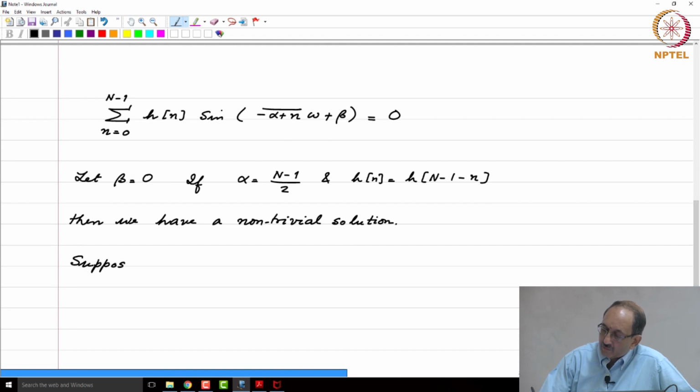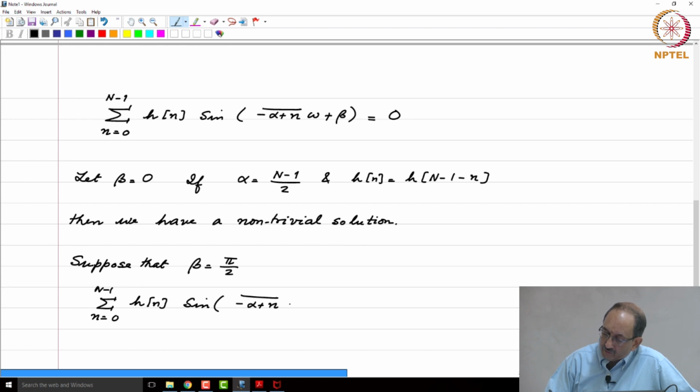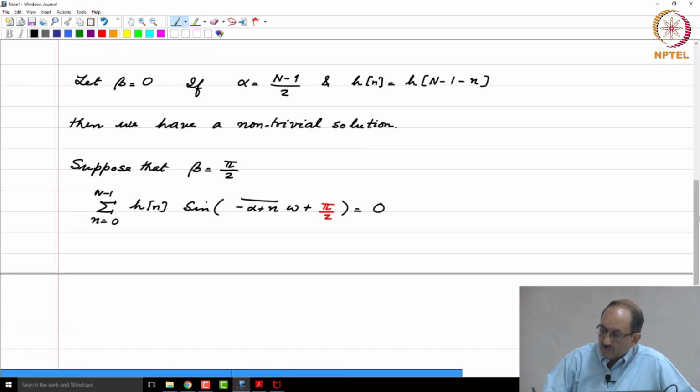Now, suppose that beta equal to pi by 2. Therefore, we are trying to look for a non-trivial solution to this equation, sum of h of n sin of minus alpha plus n omega plus pi by 2 equal to 0, with n going from 0 to N minus 1.